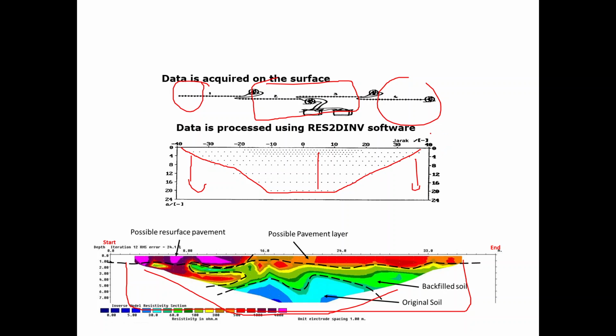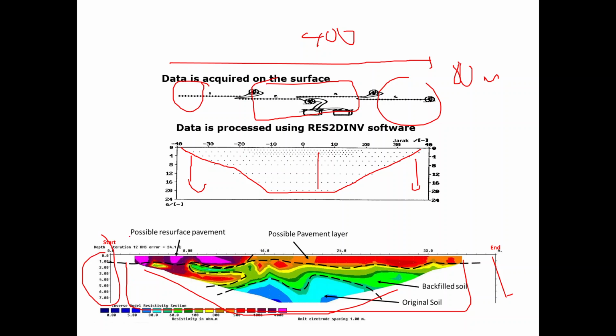Normally if we have 400 meter length, using the gradient protocol, you're able to get up to 80 meter depth. In this case they tried to measure up to 7 meter. Yeah, 7 meter. They used up to 40 meter length survey.